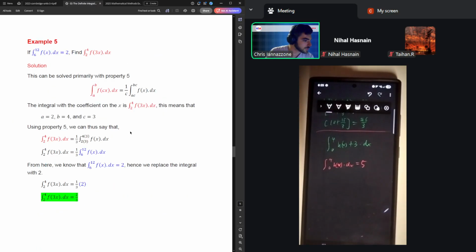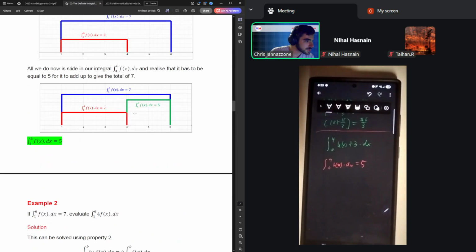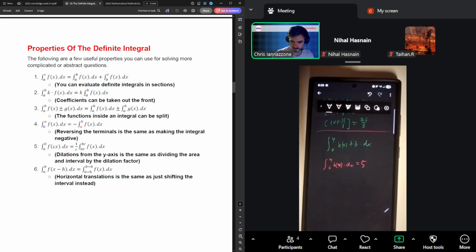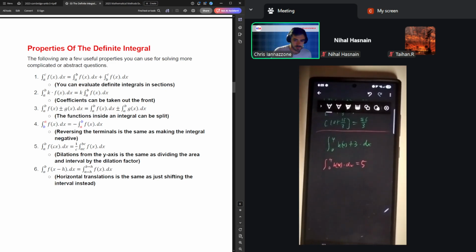I'll pull up all the properties if you want to look at those on the screen share. We'll also get a screen grab of it too. All right, how are we going to evaluate that top green integral?